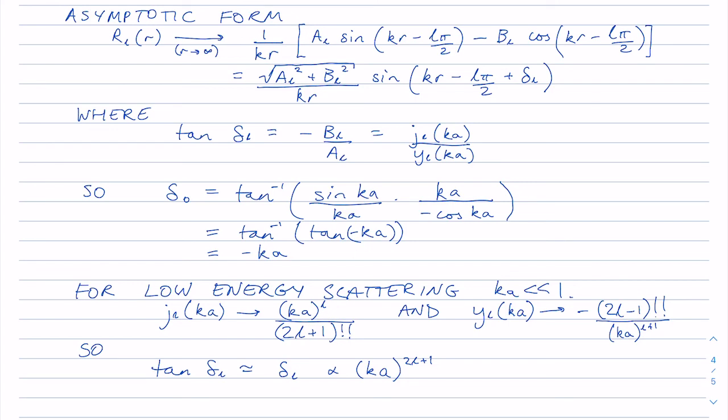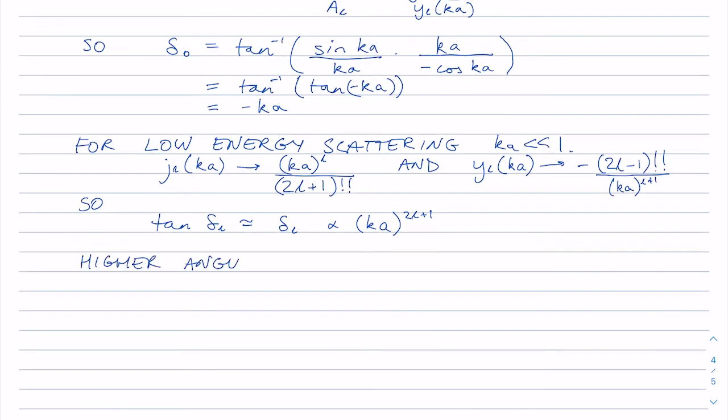And so we see that higher angular momenta are suppressed as we expect. So in other words, if we have a very small ka, then the higher angular momenta, L equals 1, 2, 3, and so on, are very suppressed compared to L equals 0. So in the limit that ka tends towards 0, only L equals 0 contributes.